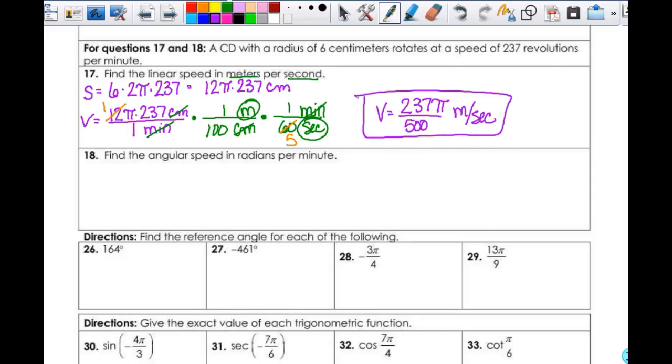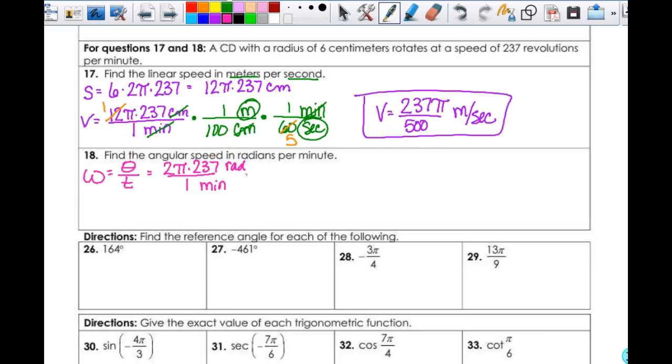Okay. Then find the angular speed in radians per minute. So this is my omega is equal to theta over t. So that theta is 2 pi times 237 over 1. So this is minute. And this would be radians.